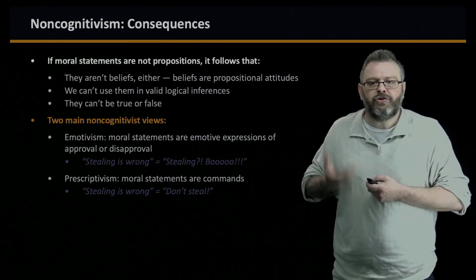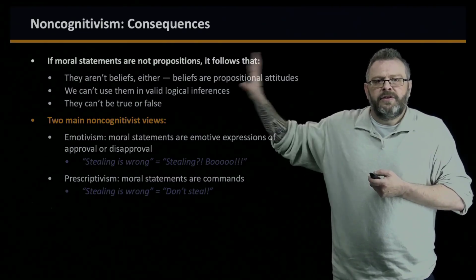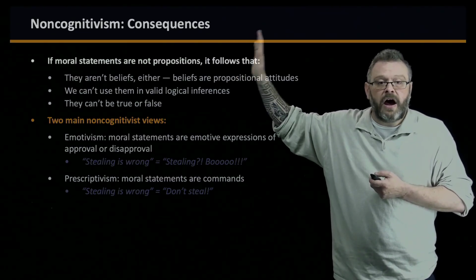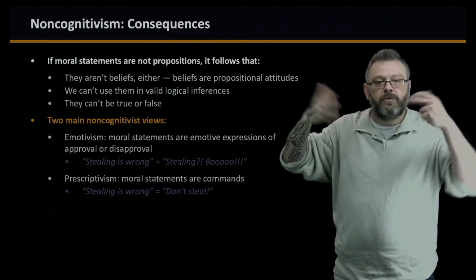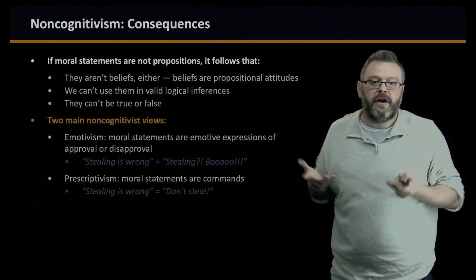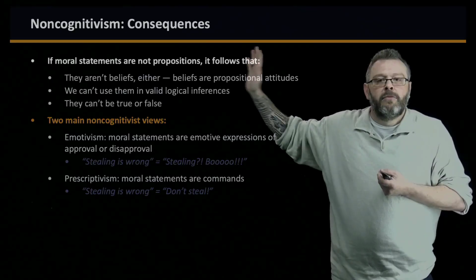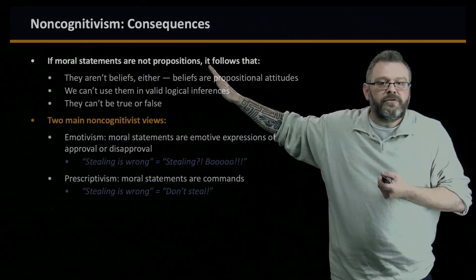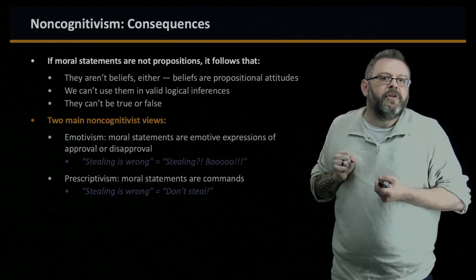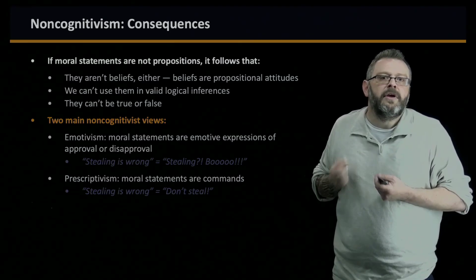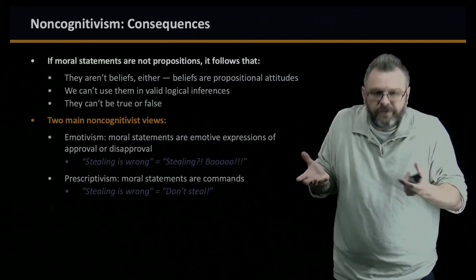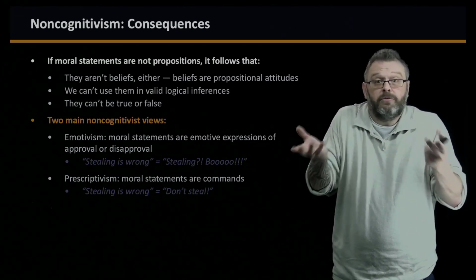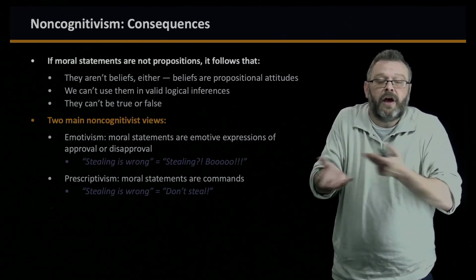Now, this is actually why these guys are called non-cognitivists, right? Cognitive: thought, thinking, belief, that kind of thing. Because if moral statements aren't propositions, they can't be beliefs. Your beliefs take as their objects, presumably, propositions. That's the kind of thing you believe.